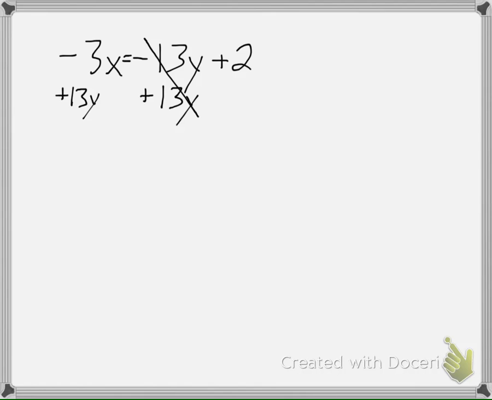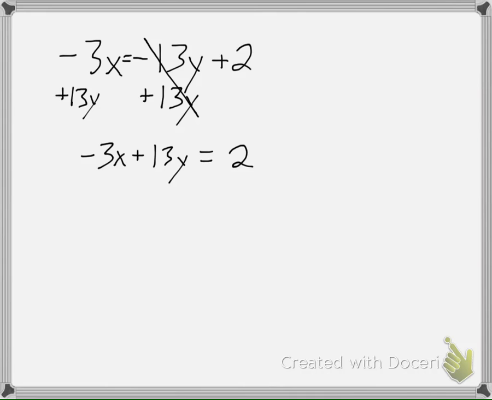On the right hand side, it will just cancel out. Negative 13y plus positive 13y is just 0. So on the right hand side, I'm left with positive 2. And on the left hand side, I have negative 3x plus 13y. Again, my x term comes first, my y term comes second. So something involving x plus something involving y equals 2.